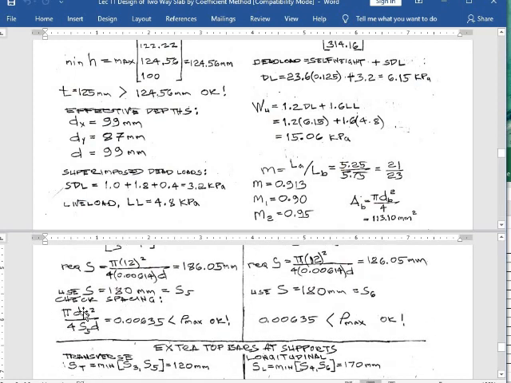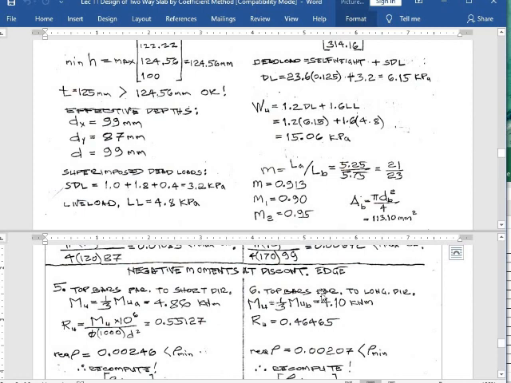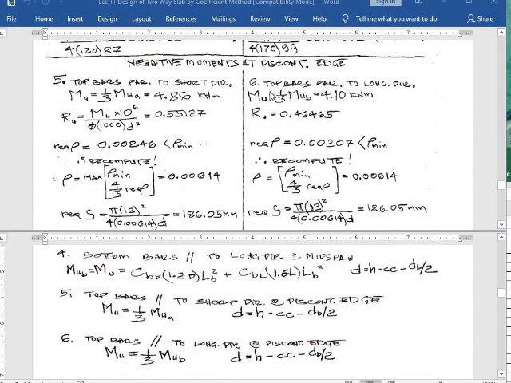Again, you check the spacing. So, your steel ratio is 0.00635, which is less than rho max. So, okay siya. Same procedure with bar number 6, top bars parallel to long direction. Likewise, sa bar number 6, ito yung 1/3 ng positive moment.